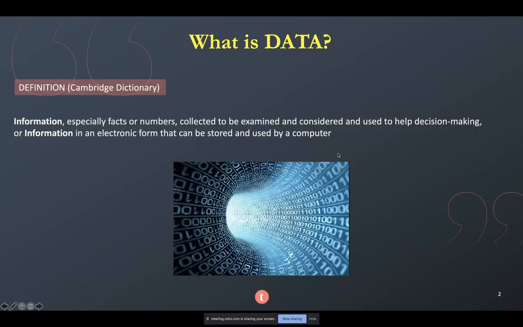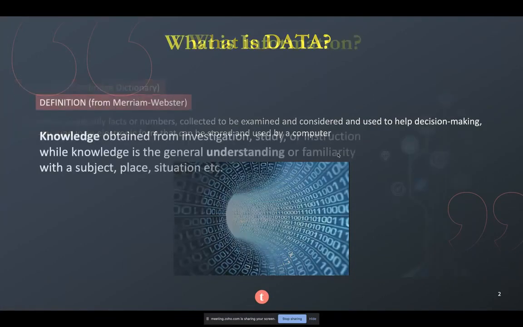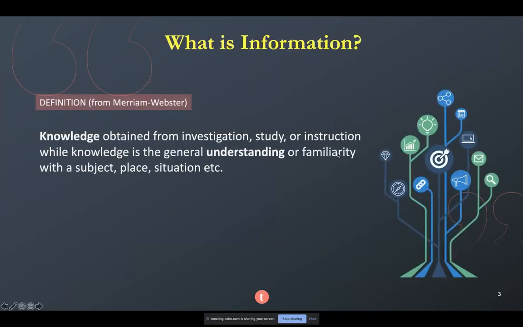So first of all, what is data? Data can be defined as information, or simply as a container of information. It can be a generic concept such as facts, numbers, or information in an electronic form that can be stored and used by a computer. So what is information? Information is knowledge.